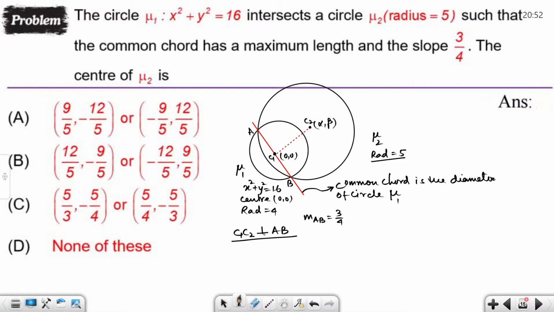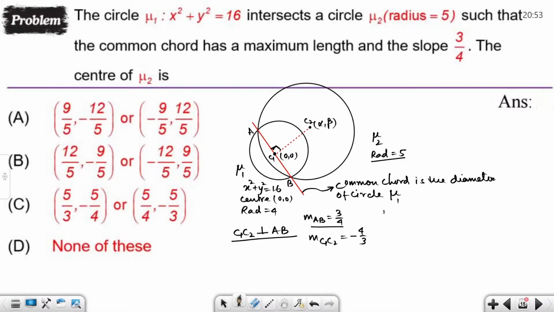Therefore, C1C2 is perpendicular to AB. Now, as the slope of AB is 3/4, the slope of C1C2 is -4/3 because they are perpendicular to each other. Therefore, the slope of C1C2 is -4/3.